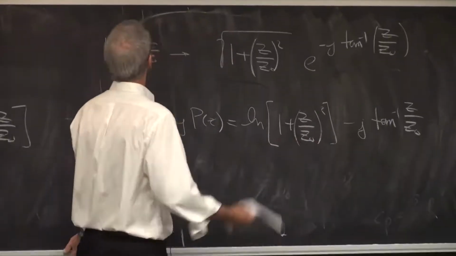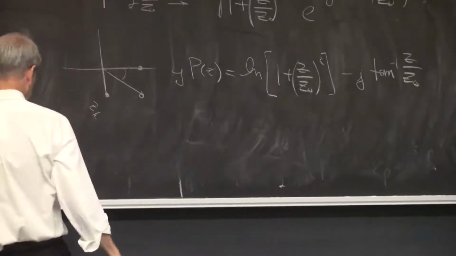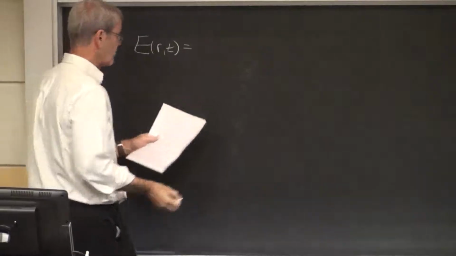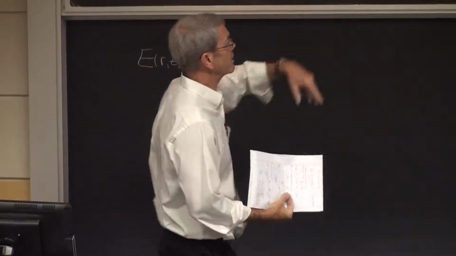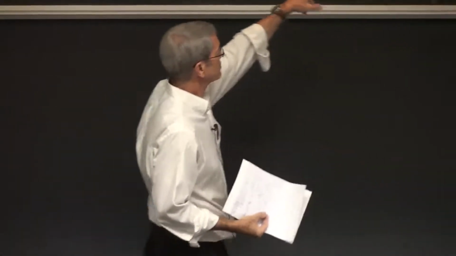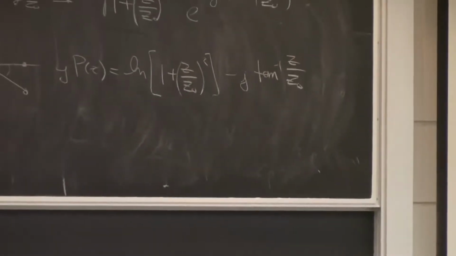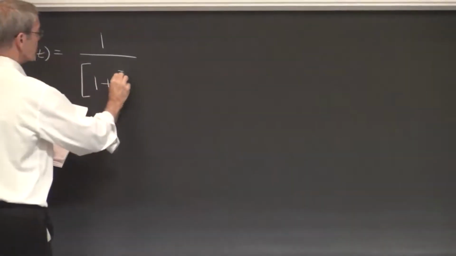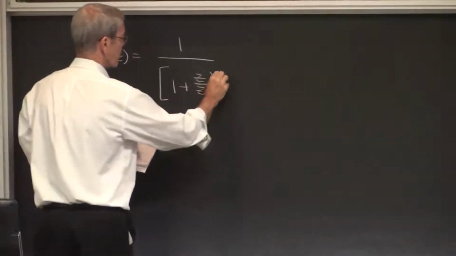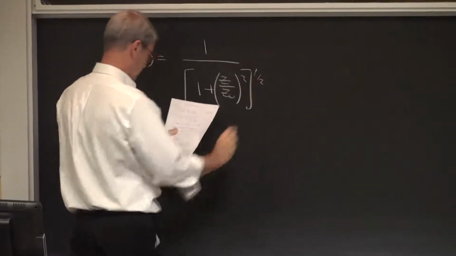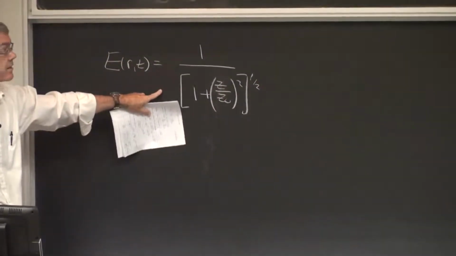So we put that into our final form, and I'll go to the clean board here, and we get our final expression. E of R and T equals. The P term, there are minus signs and so on, shows up right here: 1 plus Z over Z naught squared to the 1/2. So that comes out of there.